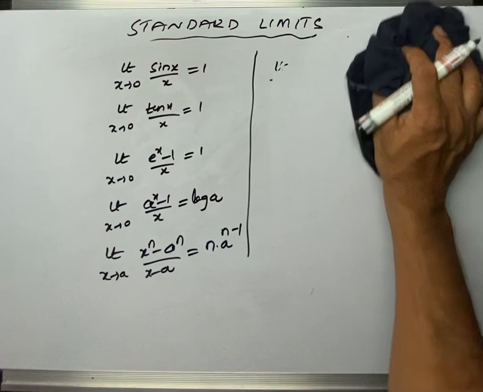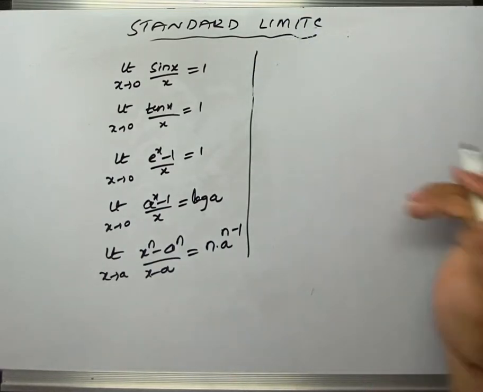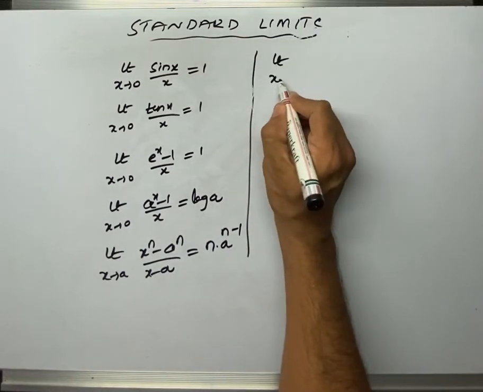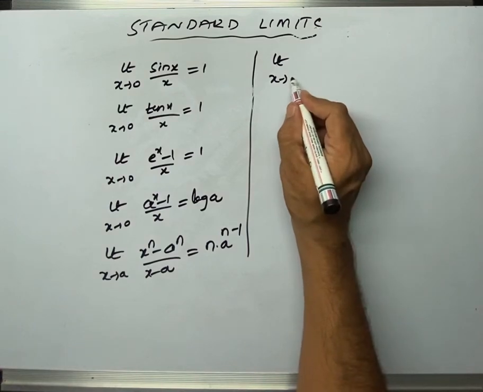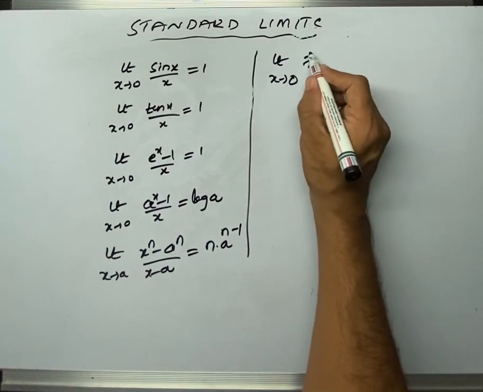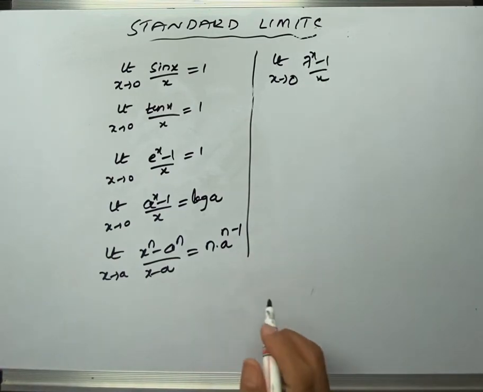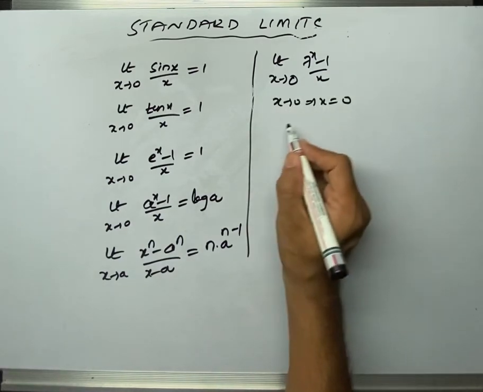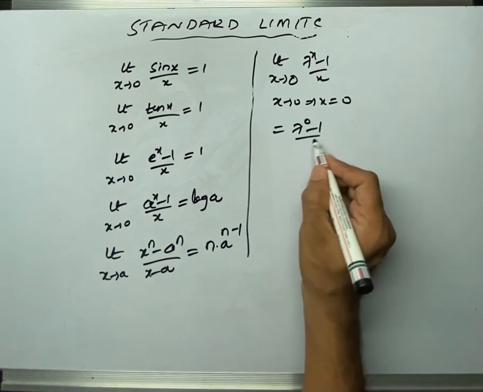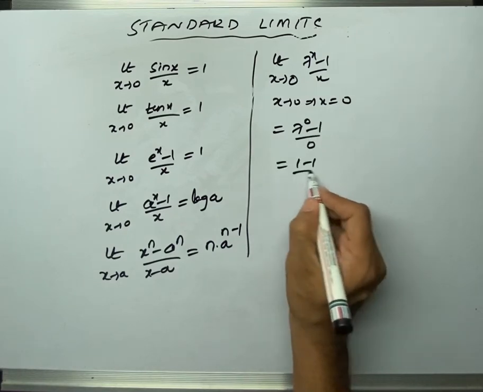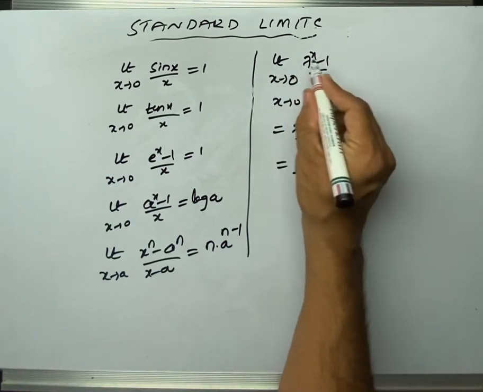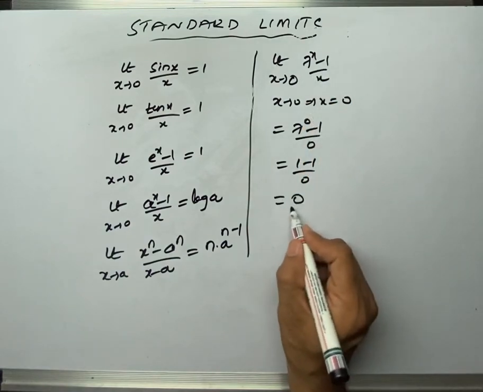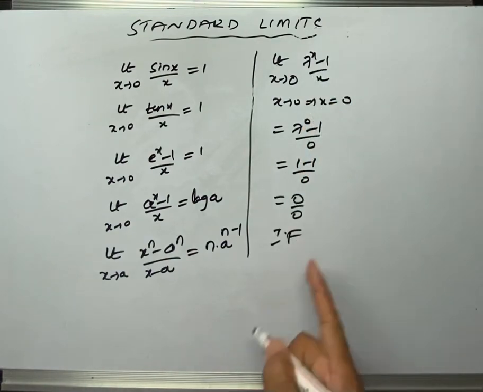Once again, check this. If we have limit x tends to 0, 7 power x minus 1 by x is the question. What we have to do? x tends to 0 implies x is equal to 0. See, the 0 by 0 step is not compulsory. If you get to know by seeing directly that we are getting 0 by 0, there is no need to write till here.